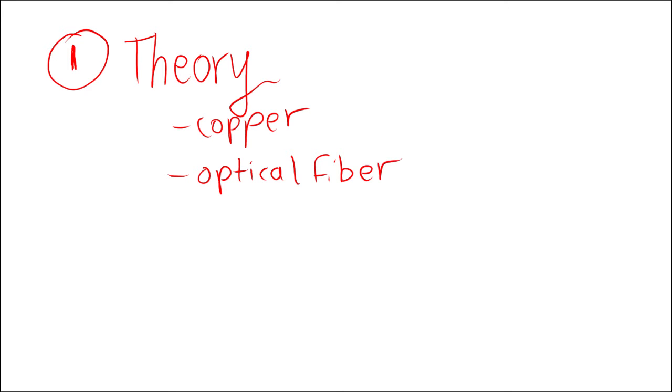How does a signal propagate over a copper cable? How does a signal propagate over an optical fiber? What are the types of circuits? What are the types of signals? What are the cables made of? Well, you cut them open. We're going to learn about that.